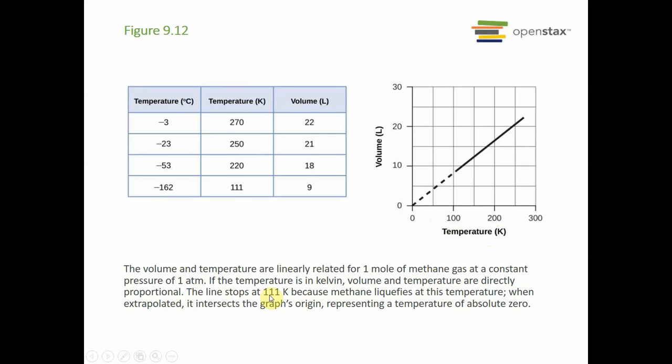The line stops at 111 Kelvin because methane liquefies at this temperature. So you can think of the volume as going boop down to a very small value here. When extrapolated, it intersects the graph's origin, representing a temperature of absolute 0.